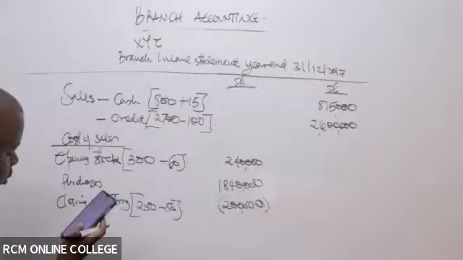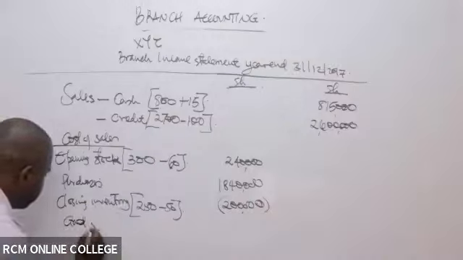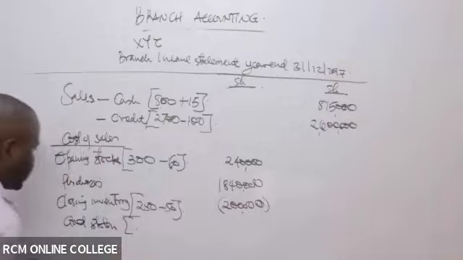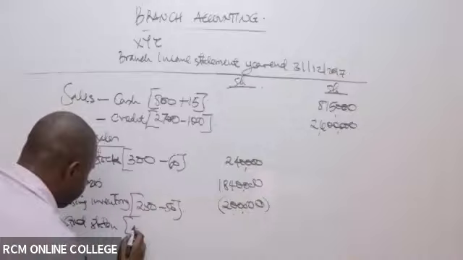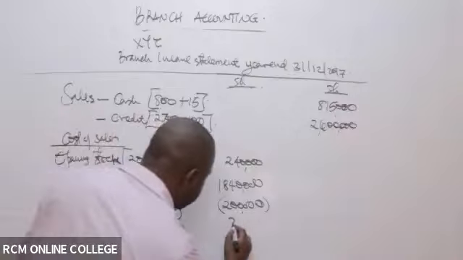The goods stolen will also be at cost. Remember, we had recognized the profit element as 6,000. So it will be 30,000 minus 6,000, that is 24,000.